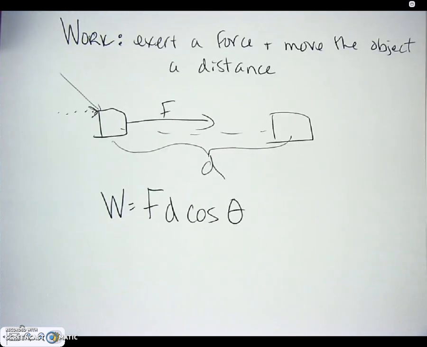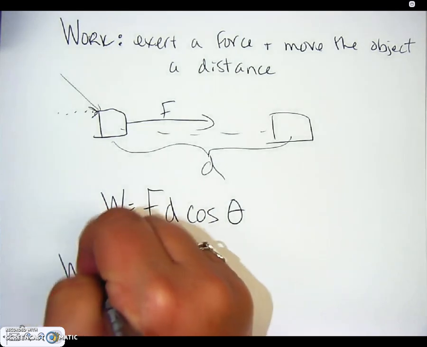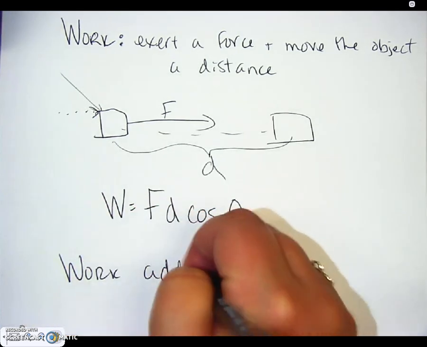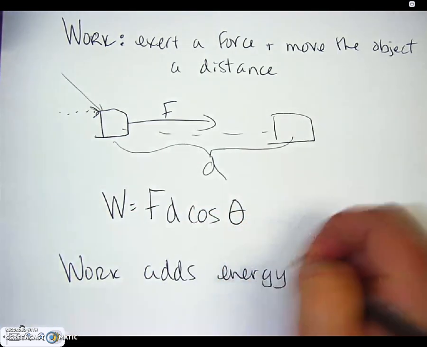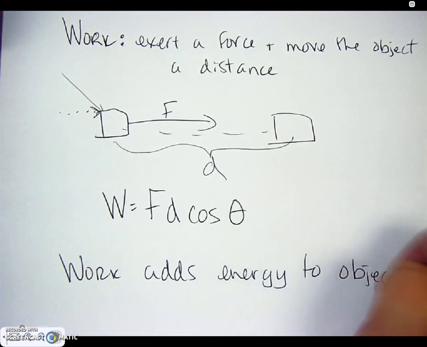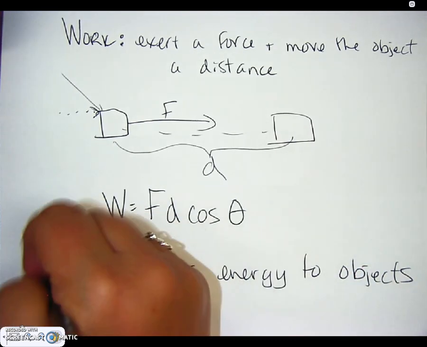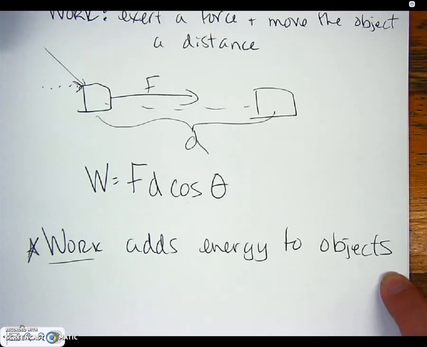Now, as we do work on an object, we apply a force and it moves some distance, we have added energy to that object. Work adds energy to objects, right? So if you want to ask yourself if work is being done, ask yourself if the object's energy is changing.